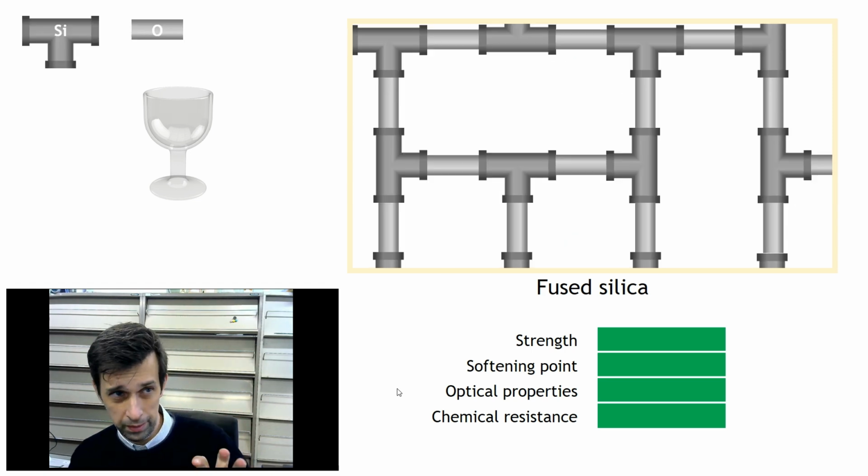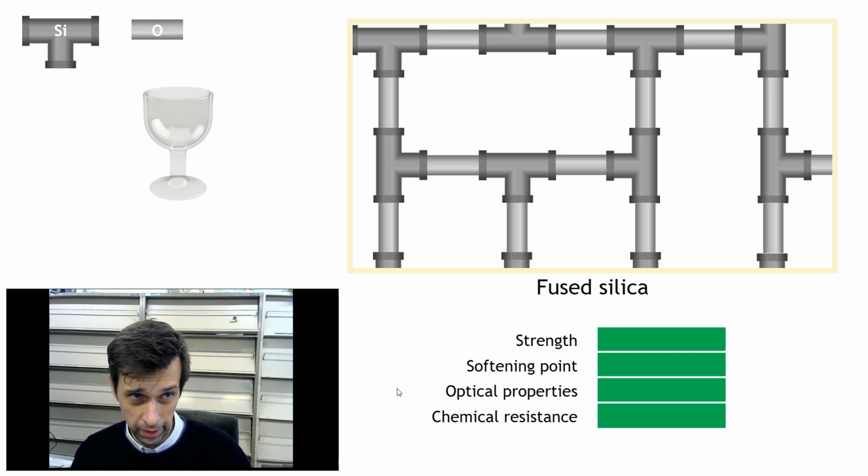So if we represent our silicon as a T connector and our oxygen as a tube, we can make this beautiful and simple and easy to understand two-dimensional representation of fused silica, in which, of course, the oxygen has two connections, two bonds.